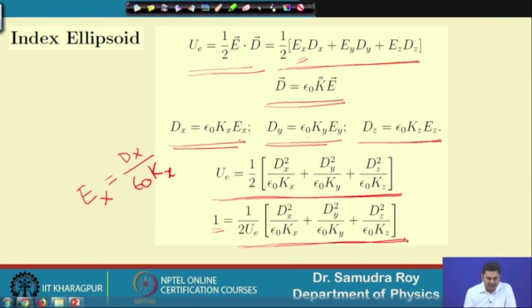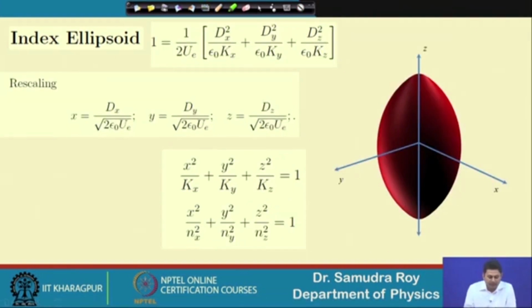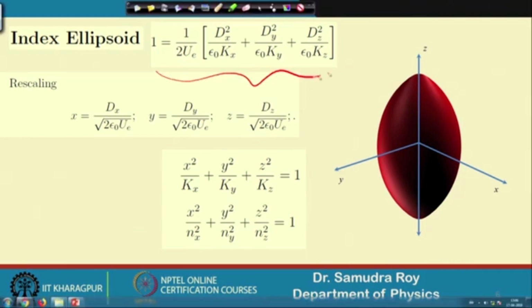So, now after having this expression, I have an expression something like this. Now what we will do is rescale. Rescale means we will try to find out the values of x, y and z in terms of whatever is given here.